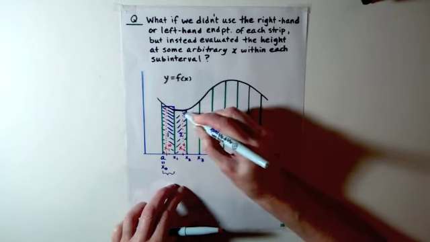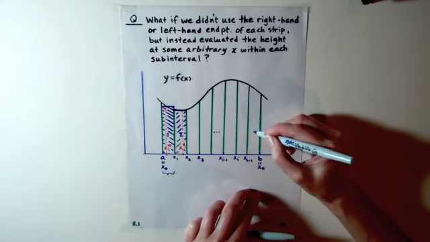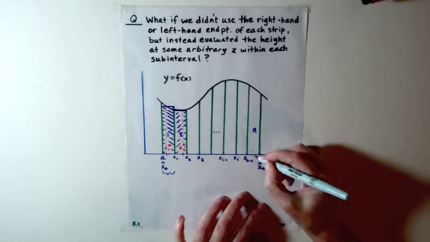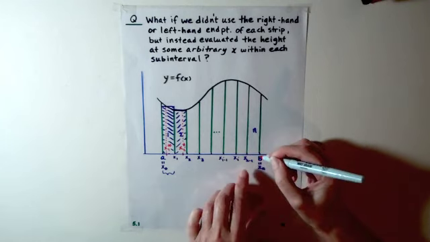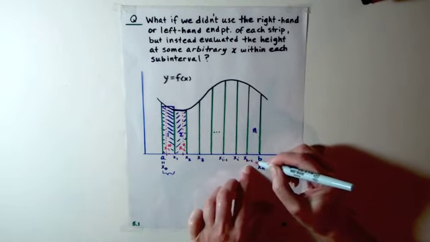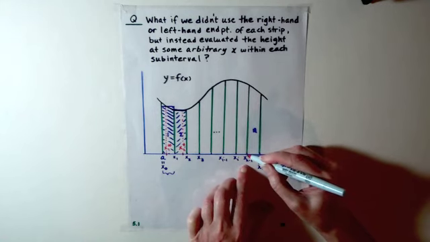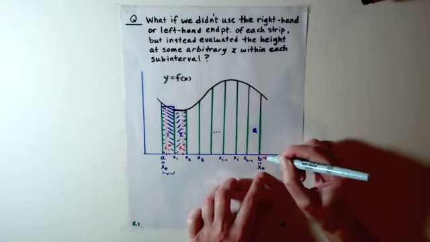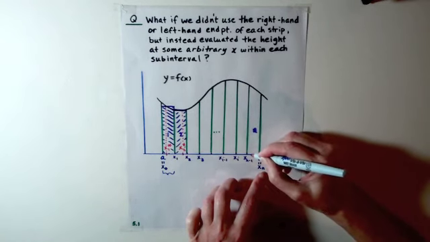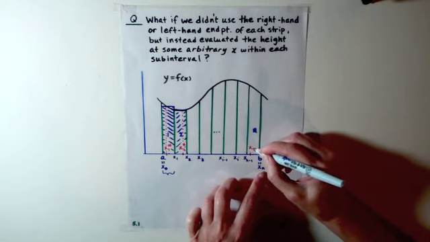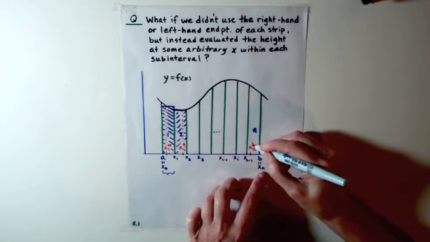And we keep doing this until we get to the nth rectangle down here. So let's do it for the nth rectangle. I choose any value that I want to between x sub n minus 1 and x sub n. So it could be x sub n minus 1, it could be x sub n, or it could be any value in between. So I'm just going to arbitrarily choose this value, and I will call it x sub n star.